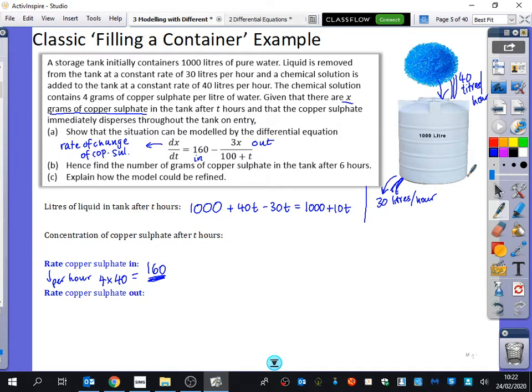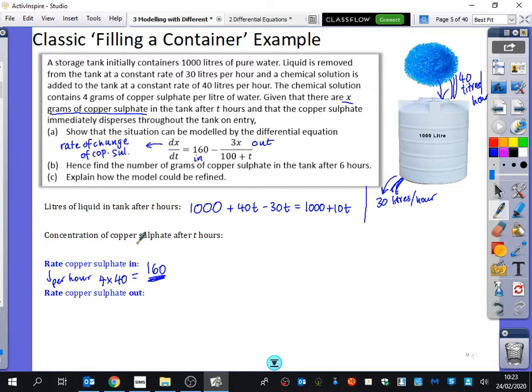I'm just going to put a line there so it doesn't look like it's mixed with this. It's telling you every hour the tank is getting fuller and fuller. But that doesn't mean we know what the rate of the copper sulfate will be like. All we know is it's getting fuller. The concentration of the copper sulfate after T hours. Let's not make this too complicated.